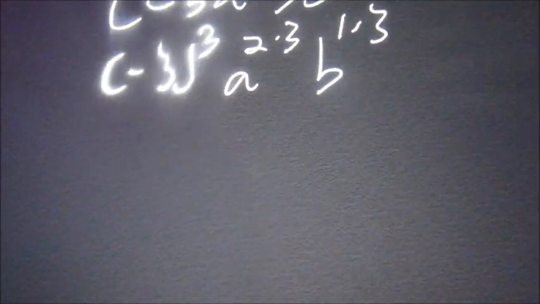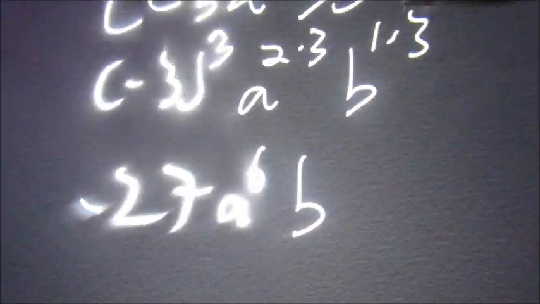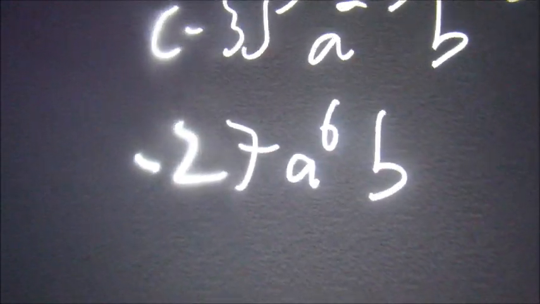We have 3 negatives, which is an odd number, so we know we're going to have a negative. And 3 times 3 times 3 is 27. We have a to the 2 times 3, which is a to the 6. And we have b to the 1 times 3, which is b to the 3.